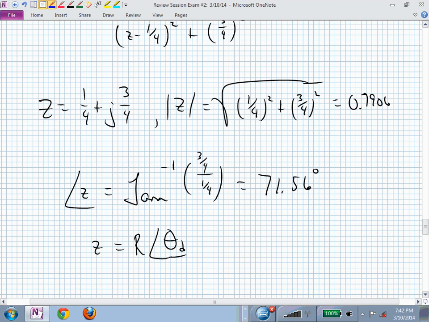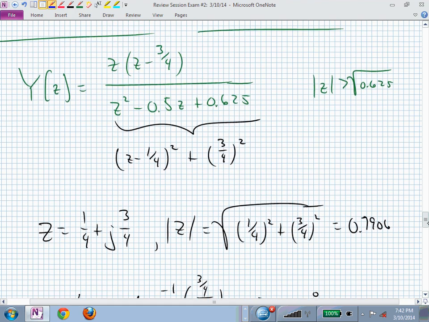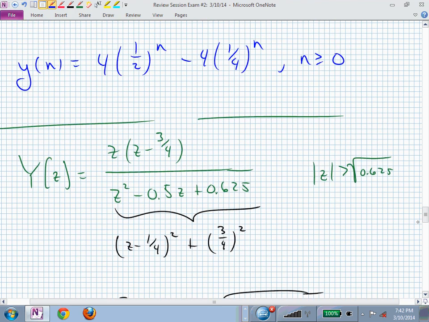Now, if the region of convergence were the magnitude of z less than the square root of 0.625, then we have these time indices being negative.